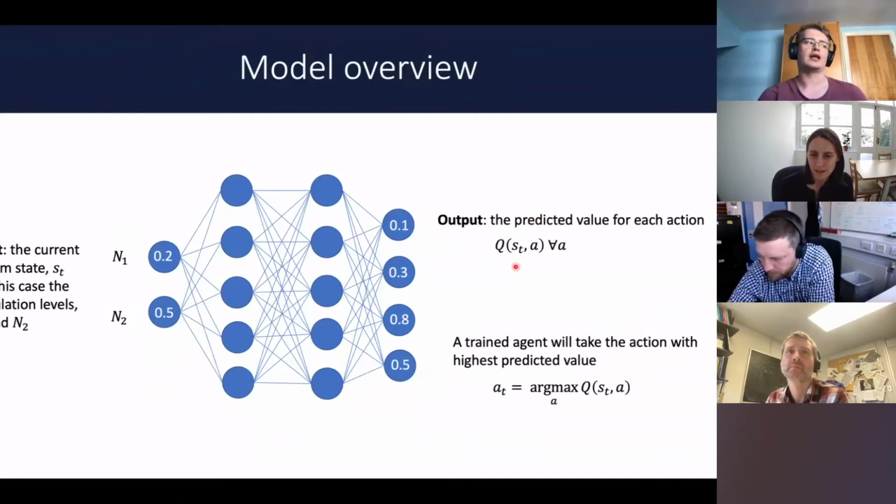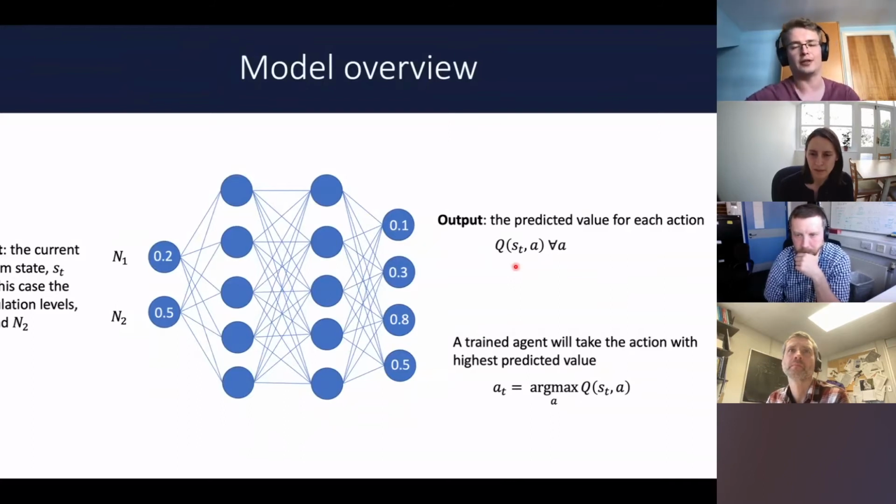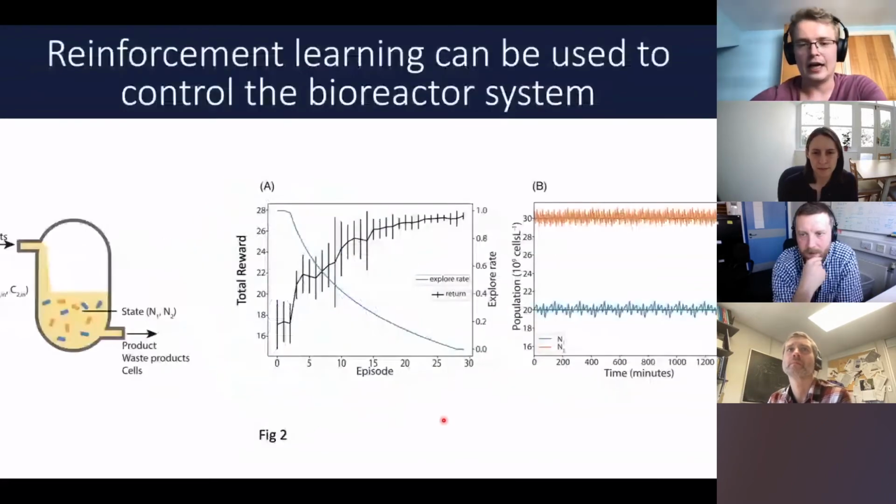A common simple example is to just have a table. If you have a discrete state space and a discrete action space, for every state action combination you just learn a number. So you can do tabular Q learning, which is quite common, or any other approximation, like a linear approximation.